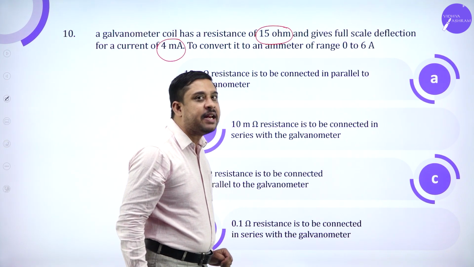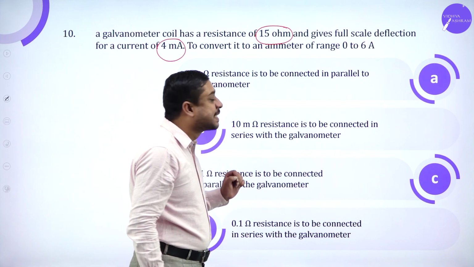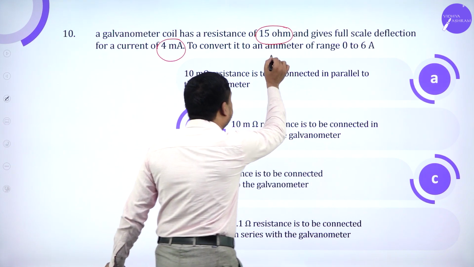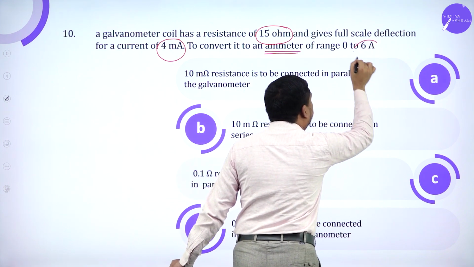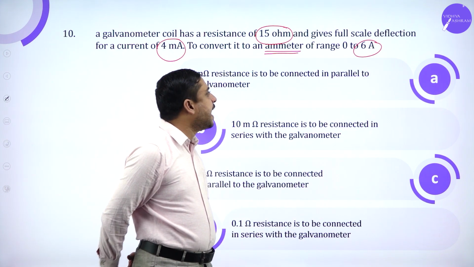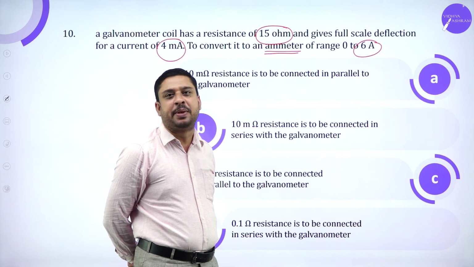I have to convert this galvanometer into an ammeter of range 6 ampere.